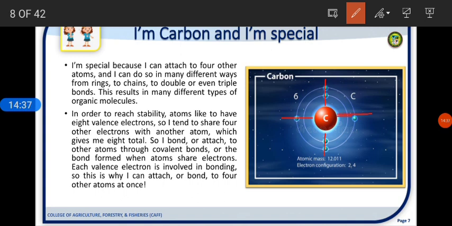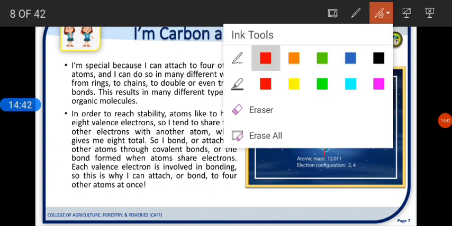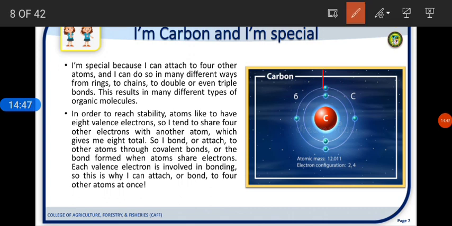I'm sorry, I messed up with the illustration, so let me repeat that. Carbon always forms 4 bonds. That's why it is special. In order to reach stability, atoms like to have 8 valence electrons. So the carbon atom tends to share 4 electrons with other atoms, which gives 8 electrons in total.